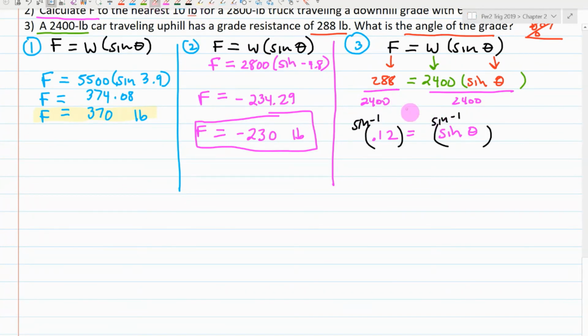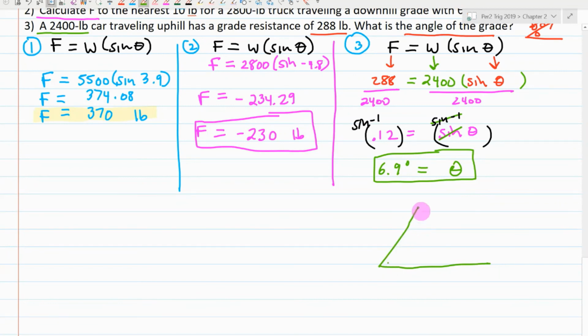When you do the inverse sine, sine and inverse sine cancel, and you get theta, and then this ends up being 6.9 degrees. When you get an angle, it's never going to be very much more than 10, if at all. When you ever drive up a hill, they can't make it super steep, just so you know. So that's it for section 2.3.